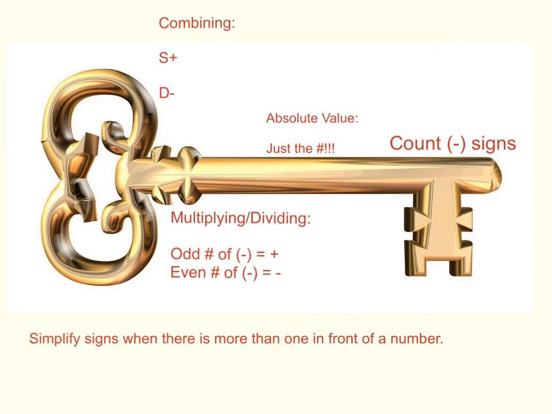So some key factors to remember from the video that we went through today with integers. With your combining part of this, when we talk about combining, we can say the same signs we add. So same sign, add the numbers, sign carries.